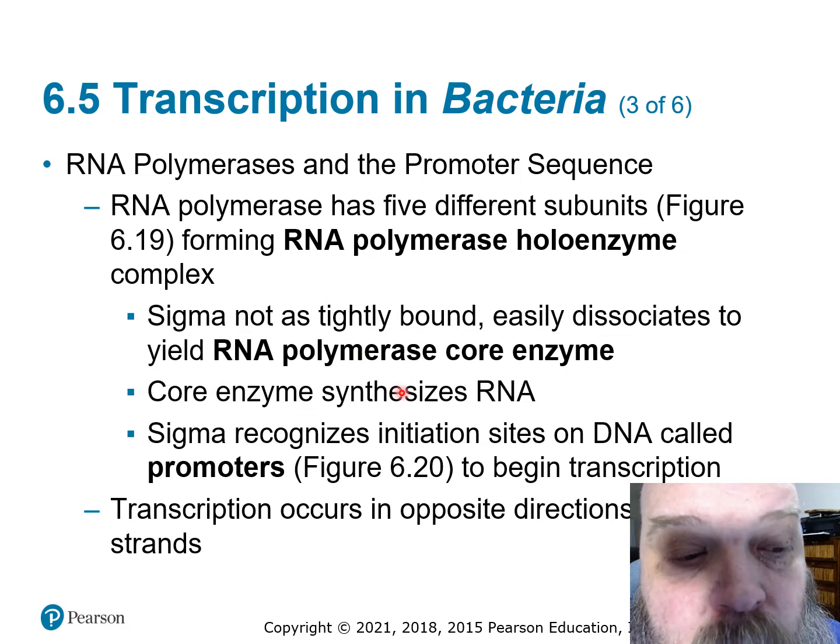It's this RNA polymerase that's actually synthesizing the RNA. You have other parts that are going to interact with the promoter sequence, telling it where to go, when to go, and then when to start.